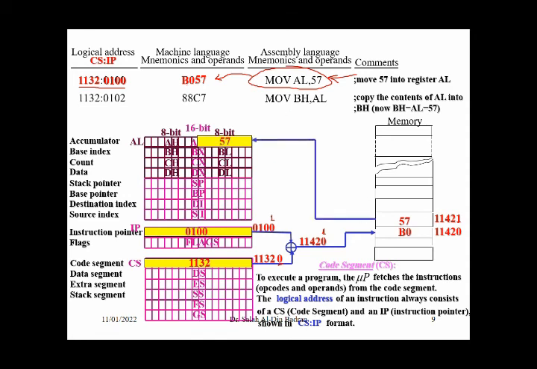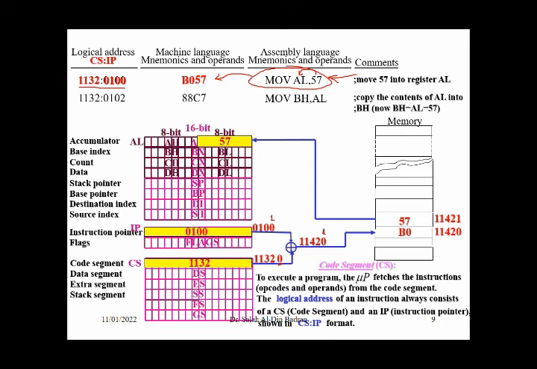The 57 here is our number that's required to be copied inside AL. So after storing the instruction, we will execute what this instruction requires to do.